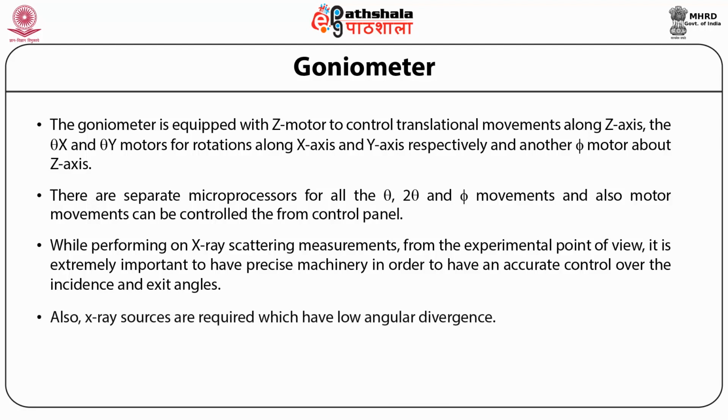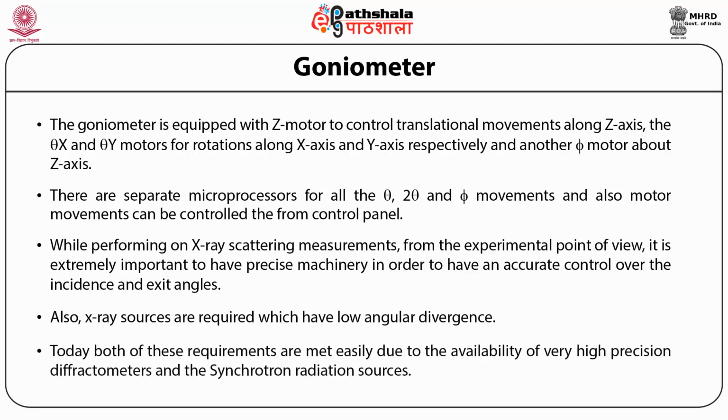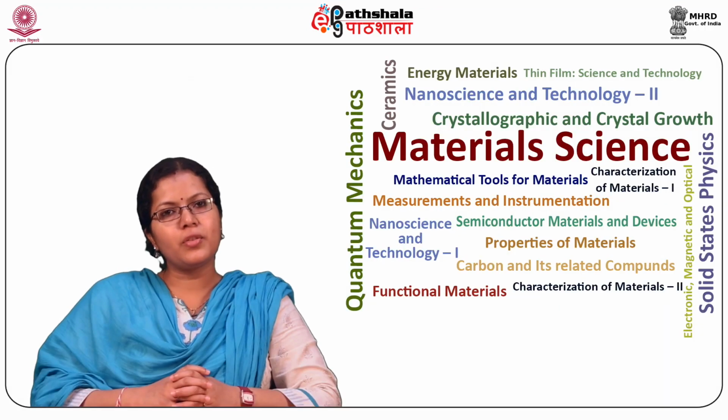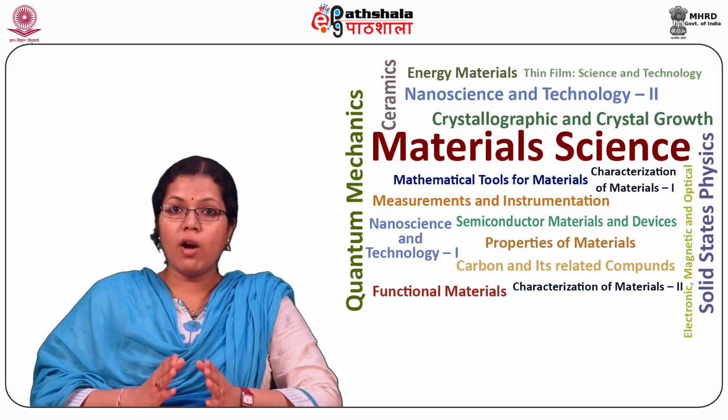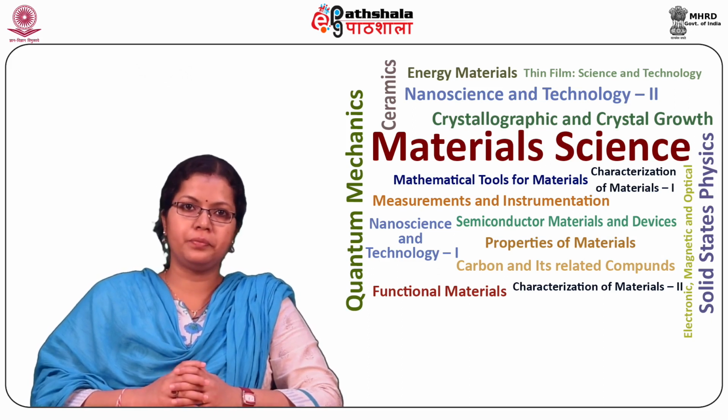Also, X-ray sources are required which have low angular divergence. Today, both of these requirements are met easily due to the availability of very high precision diffractometers and synchrotron radiation sources. So students, let us summarize what we have learned in this module.